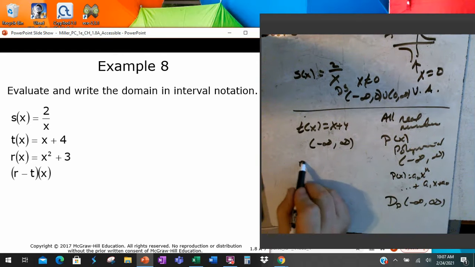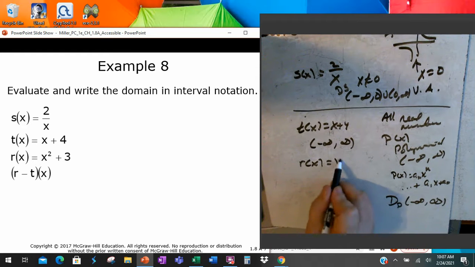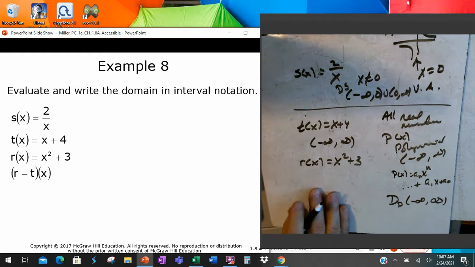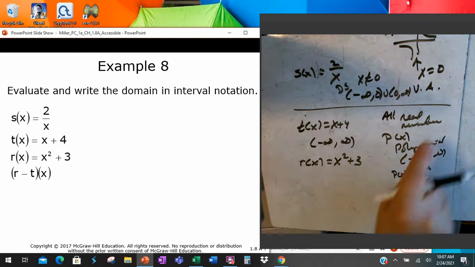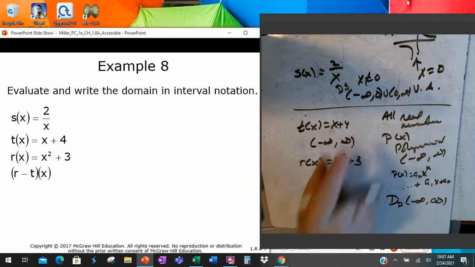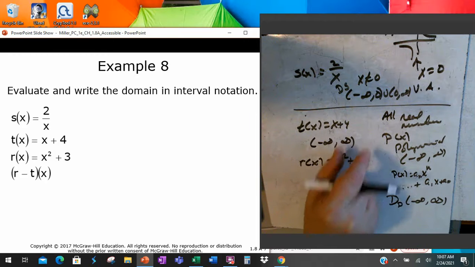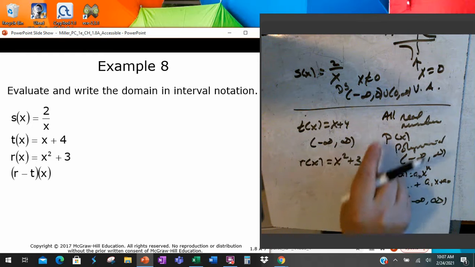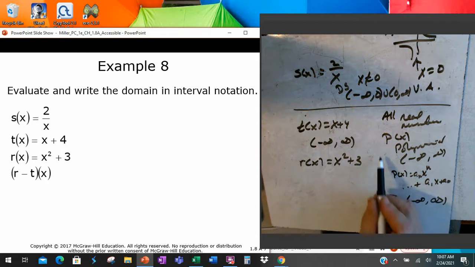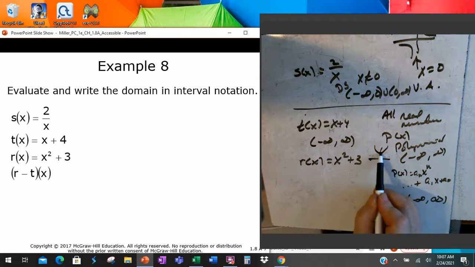Okay, r of x. Okay, polynomial looks like that. The base function shifted up by 3. Remember our transformations, the base function being x squared and then up by 3. So a quick sketch, there's my 0, 3. And then it goes up, goes up.